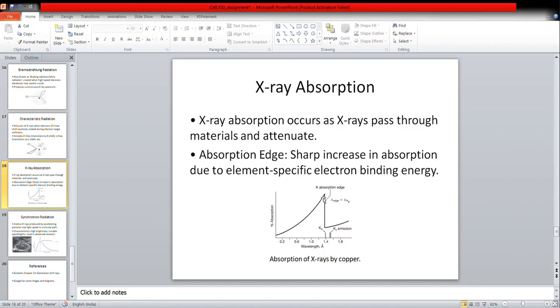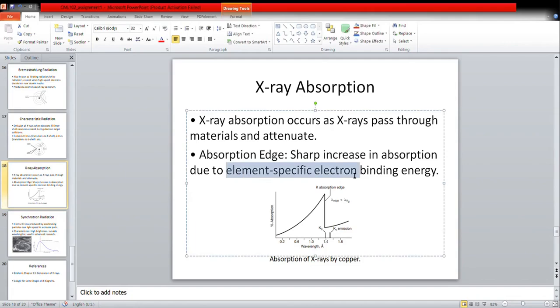This is the energy required to take an electron away from a particular shell. Now when an electron comes to a shell, it brings that amount of energy with it. That energy has to be emitted back, right? And that energy is emitted in the form of X-rays. So this sharp increase is dependent upon the binding energy, which is a function of the material and varies from material to material.